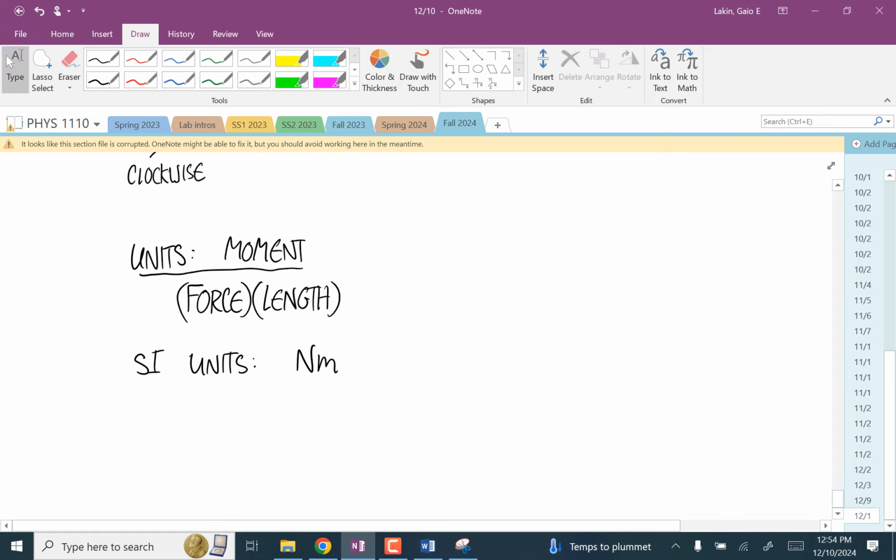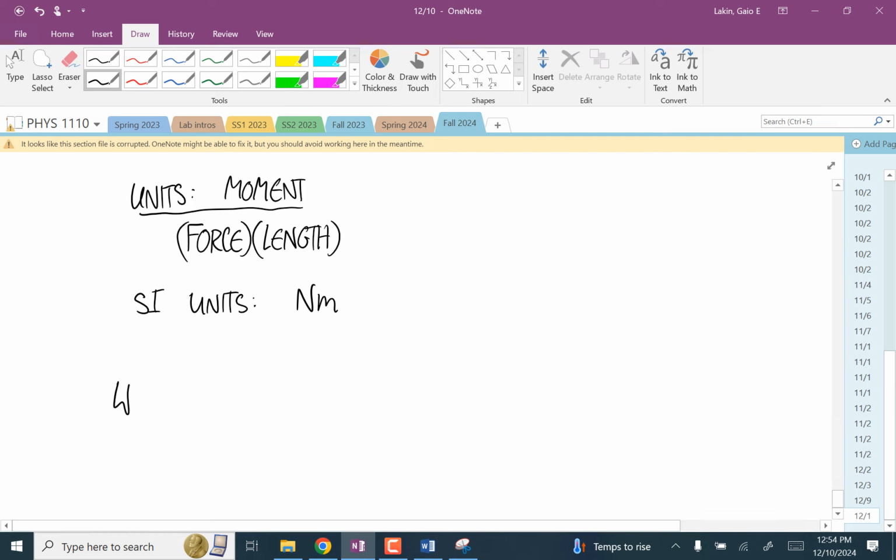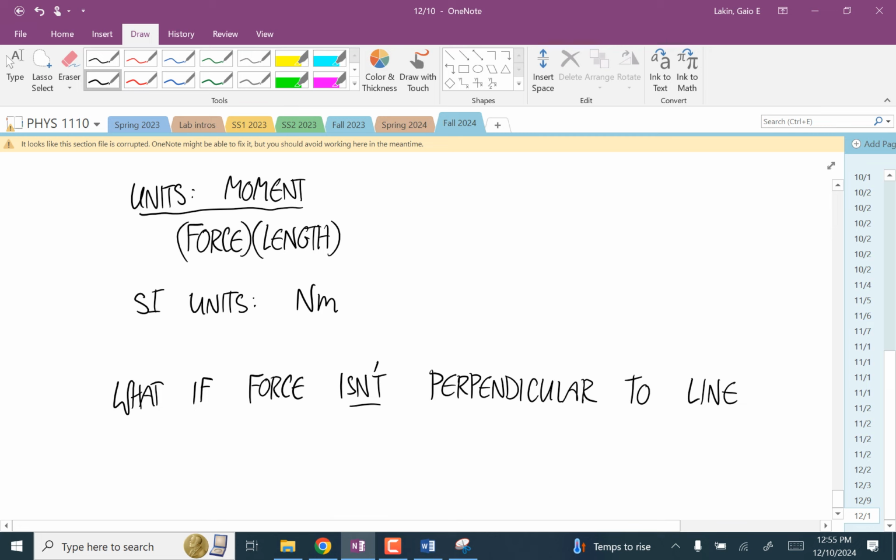Okay, so now the next question that comes up pretty naturally is, we got super lucky on that example. What happens if that force isn't perpendicular to the line between A and P?